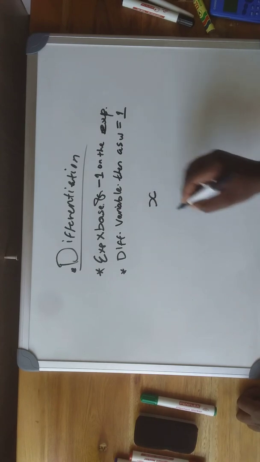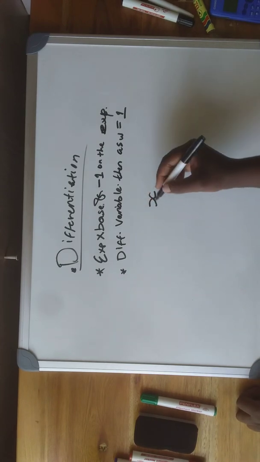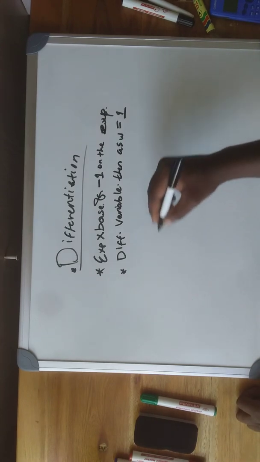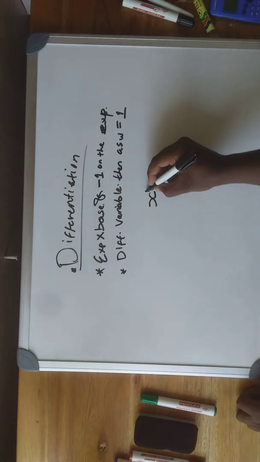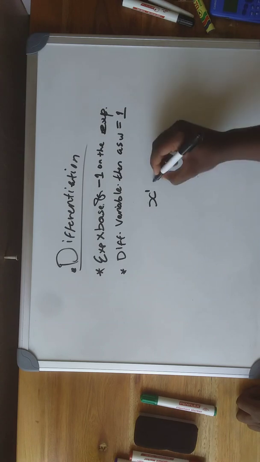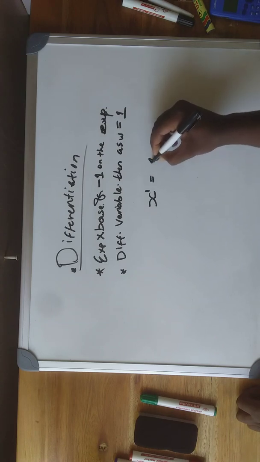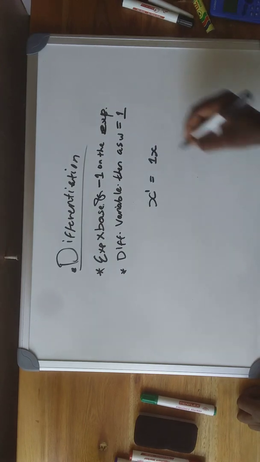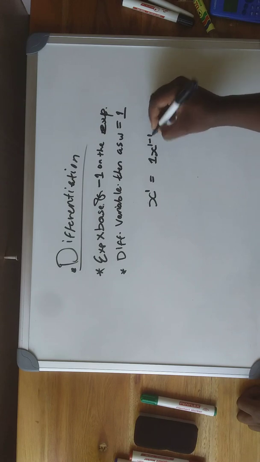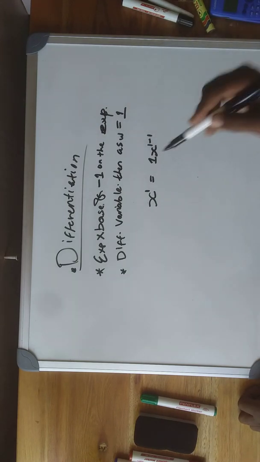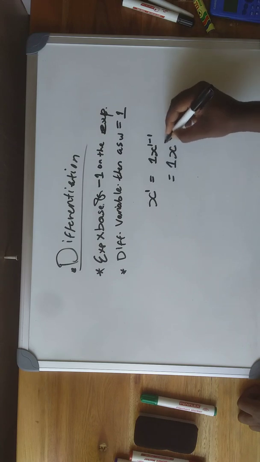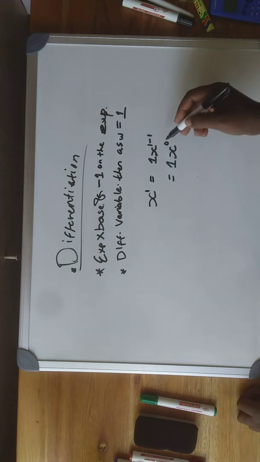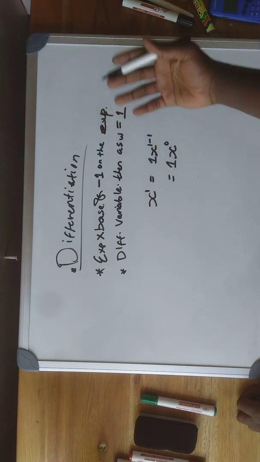If we have x and you have to differentiate it, normally it's x to the exponent 1, so you take 1 multiplied by the base, which equals 1x. Then you subtract 1 from the exponent, so you have 1x to the exponent 0. And if you have exponent 0, the answer is always 1.